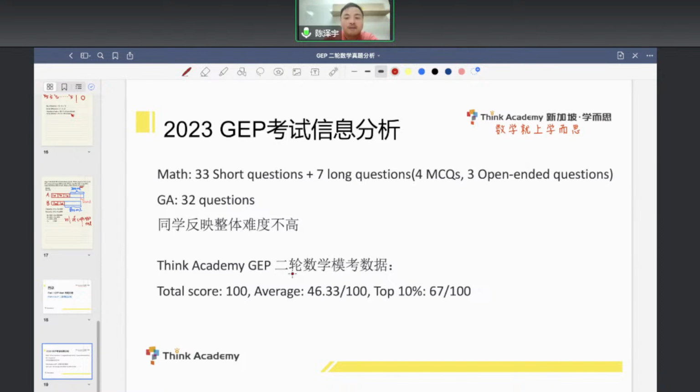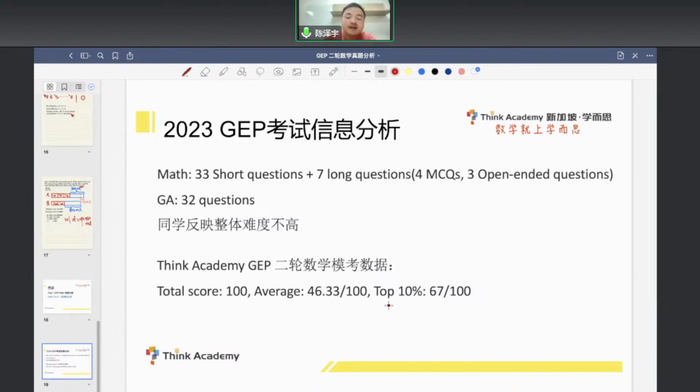Based on our GEP selection round mock test, the average score is 46.33 over 100. Because we set our paper quite difficult, the average is a bit low. But based on this, our top 10% is 67 and above.